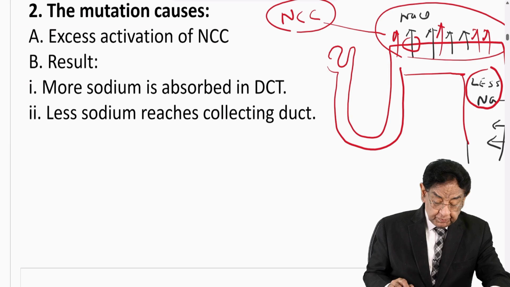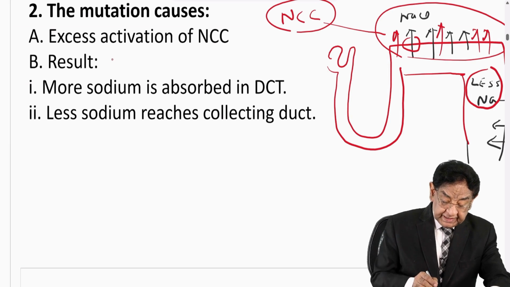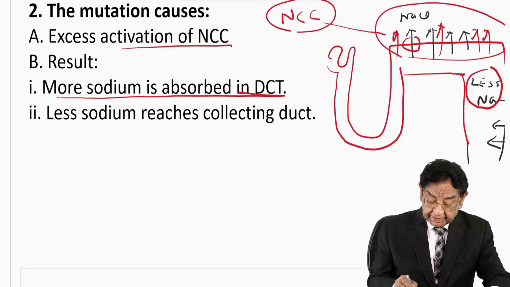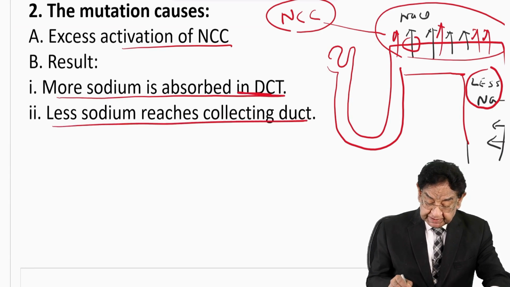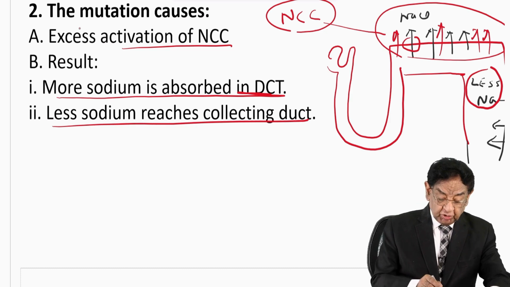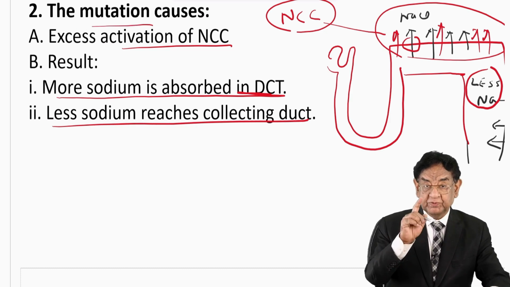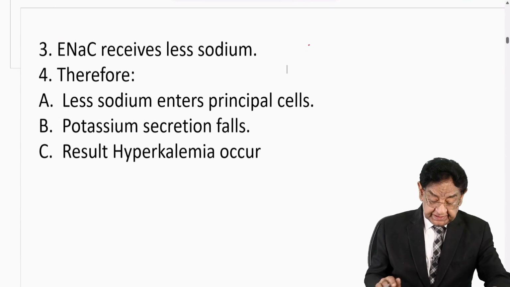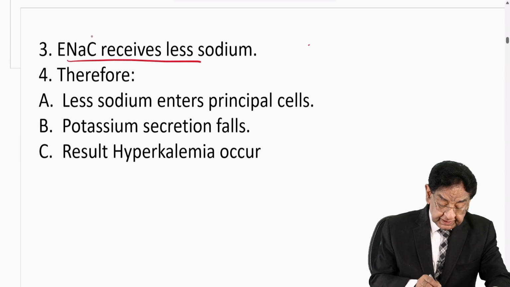Okay, so we are clear about excess activation of NCC: more sodium is reabsorbed in DCT, less sodium reaches the collecting tubule. This is all due to mutation in WNK. Now ENaC receives less sodium.